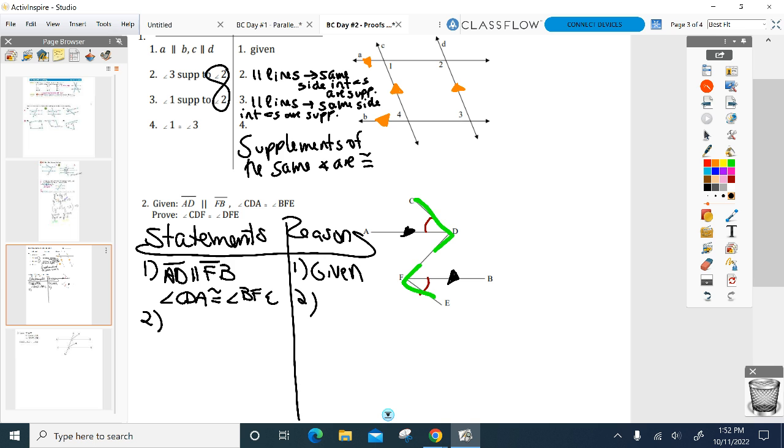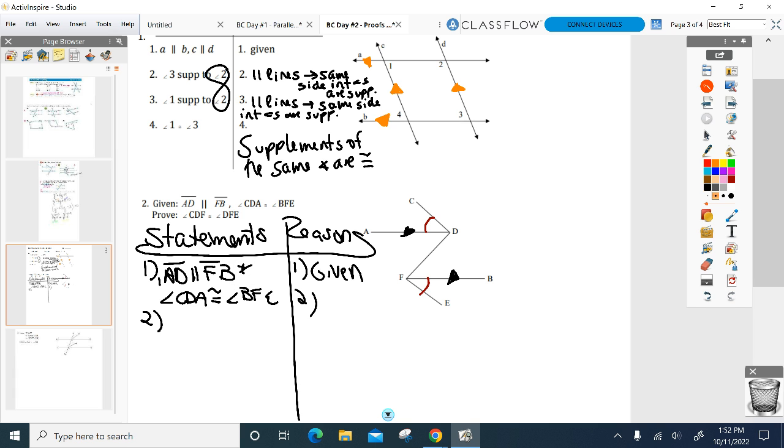What type of lines do you need for two angles to be congruent because they're alternate interior? Parallel. Did I tell you CD and FE were parallel? That's why they're not congruent in two steps. The lines need to be parallel for alternate interior to be congruent. Are CD and FE parallel? So that's why it's not two steps. We need to get there some other way.